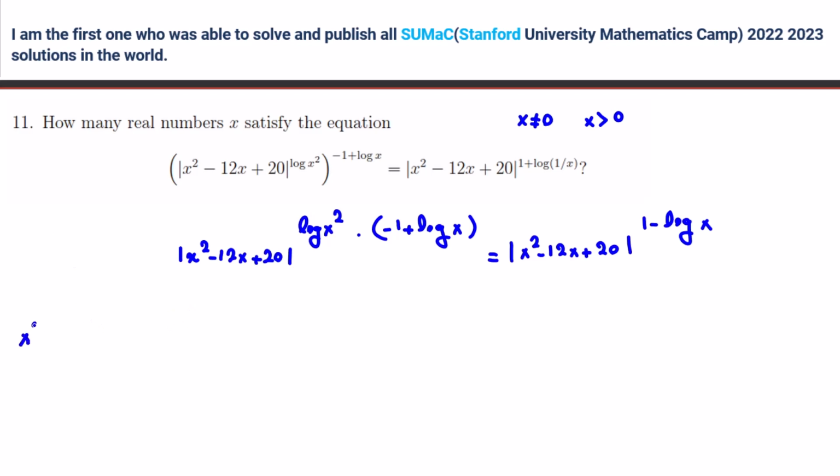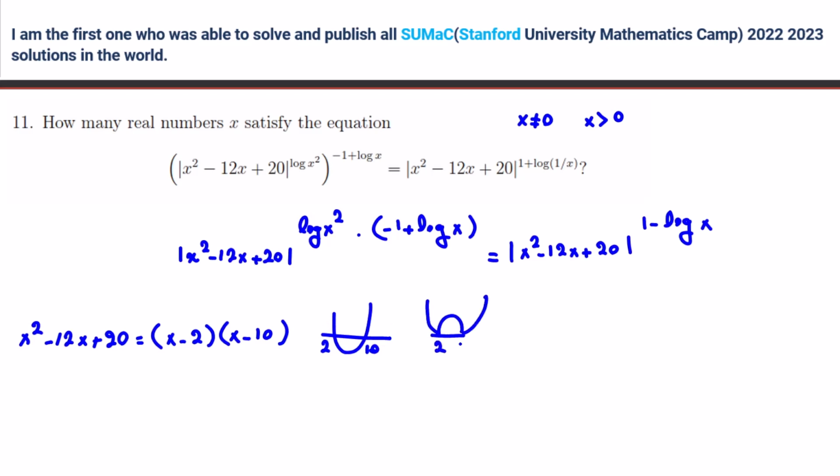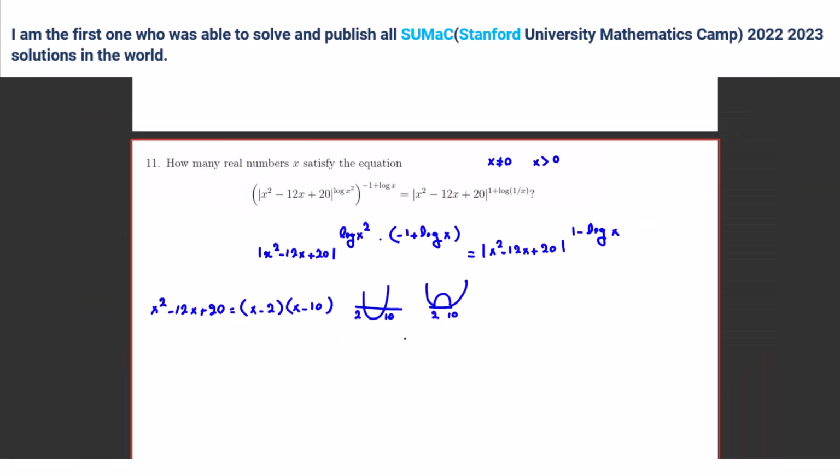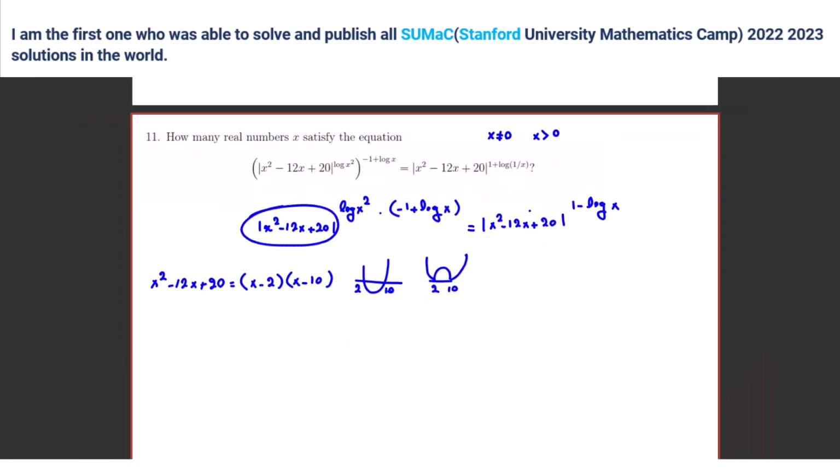So the diagram will be something like this, with 2 and 10. The absolute value of that will be something like this, right? And we know x should be positive, but in this interval it's negative. Because it says it can also be 0. So one case is that these two things be 0, right?